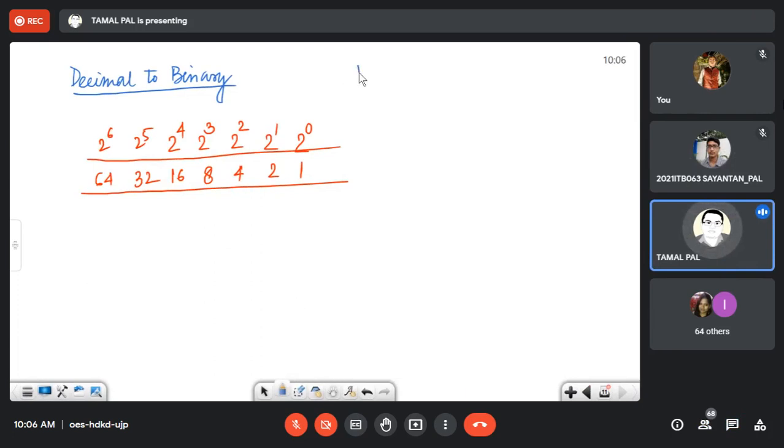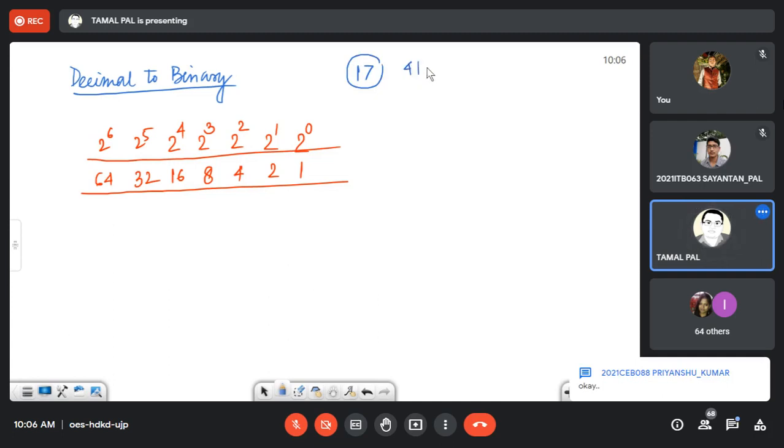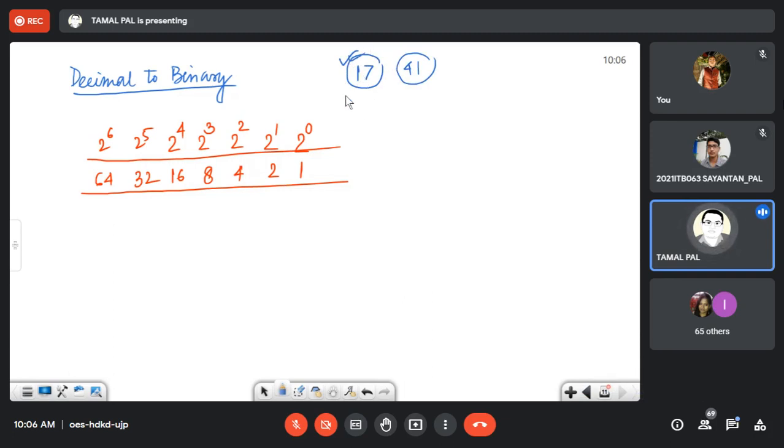Now, if you are asked to convert any number, let's say 17 or 41, you have to choose, mind it, the highest number among these which is less than or equal to this number. I repeat once again because it is confusing to some people.